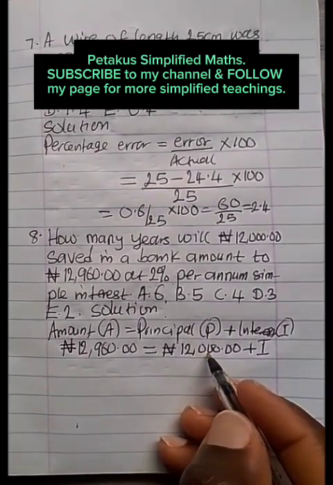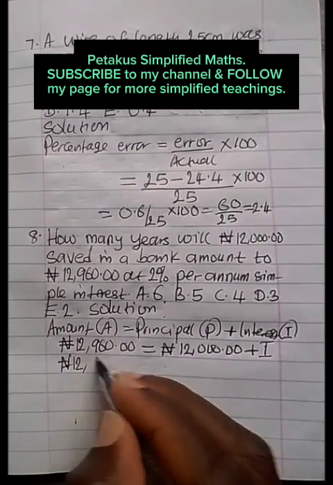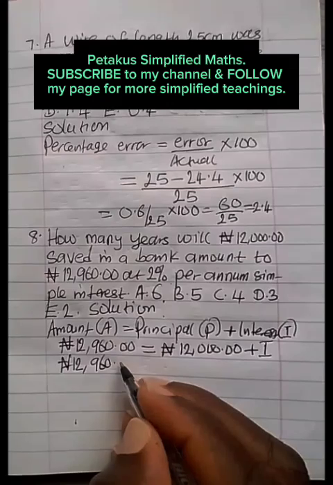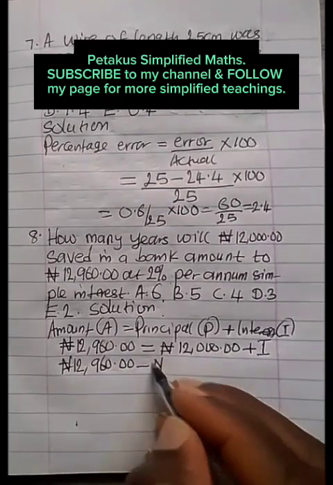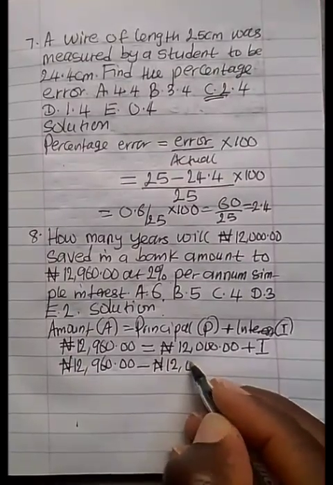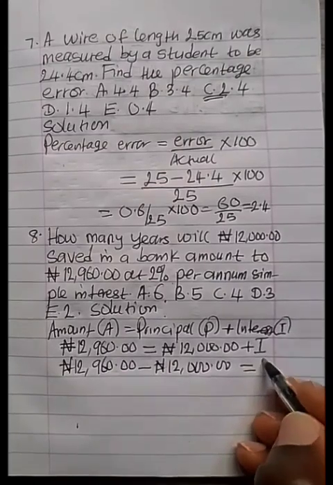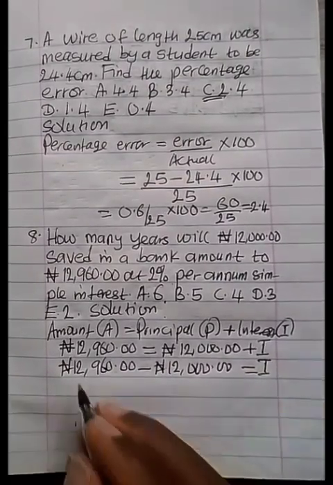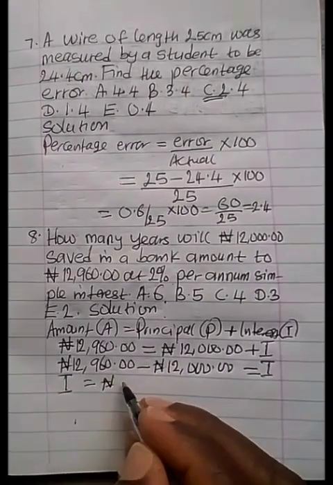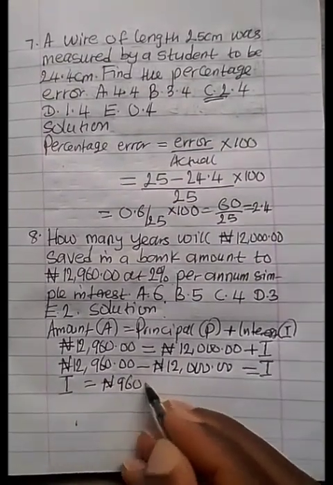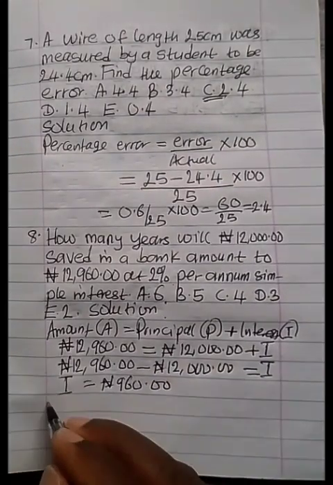You transfer this term to the other side, and you are going to have 12,960 naira minus 12,000 equal to interest. The interest becomes 960 naira.